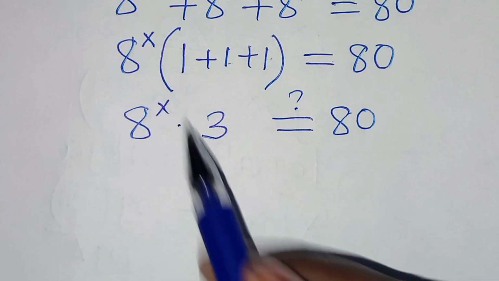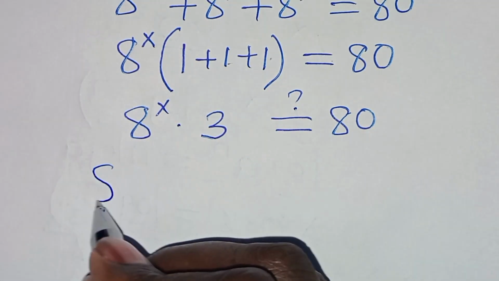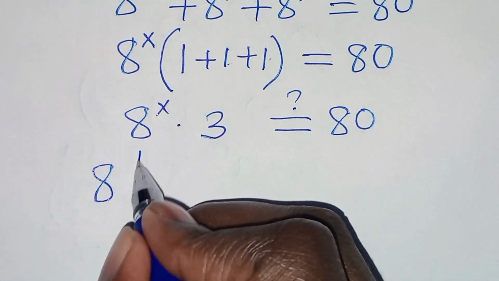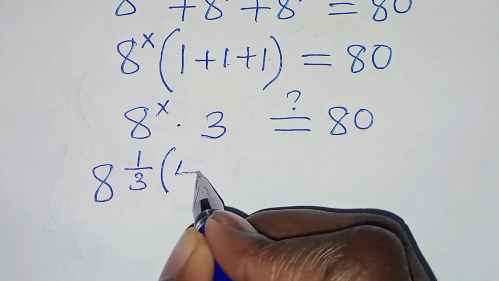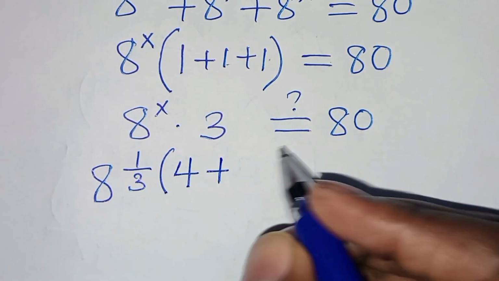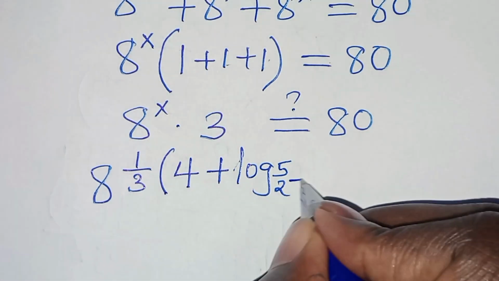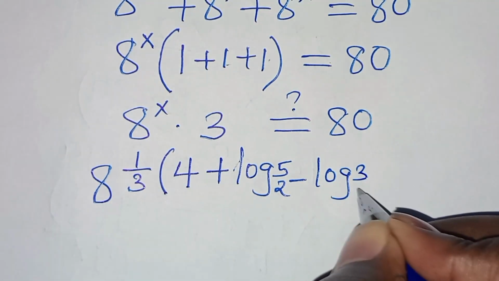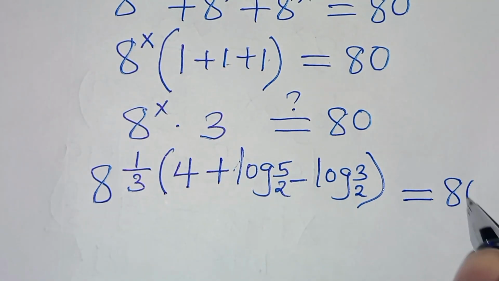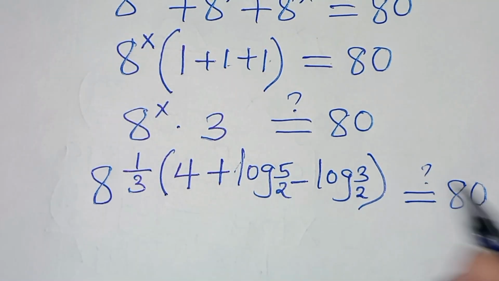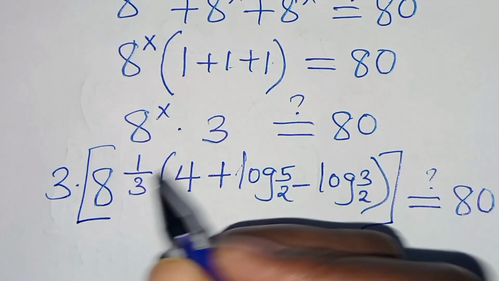Now the next step is to substitute. Let's substitute the value of x, so that we have 8 raised to the power x, which is 1 over 3, into the parentheses: 4 plus log 5 to base 2, then subtract log 3 to base 2. This is supposed to give us a value of 80. And remember, this is multiplied by 3.